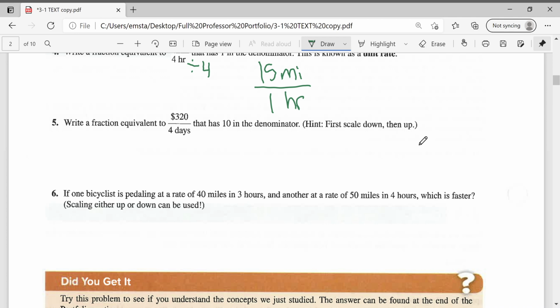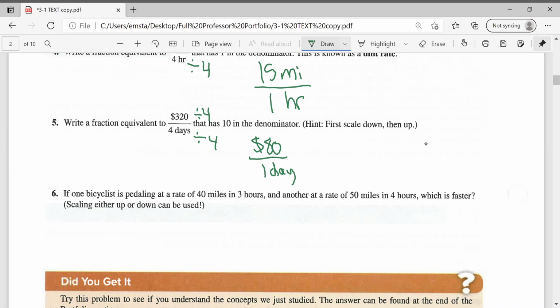Let's divide top and bottom by 4. 320 divided by 4 is $80. 4 divided by 4 is 1 day. So now I've converted it into a unit rate, which is $80 per day.